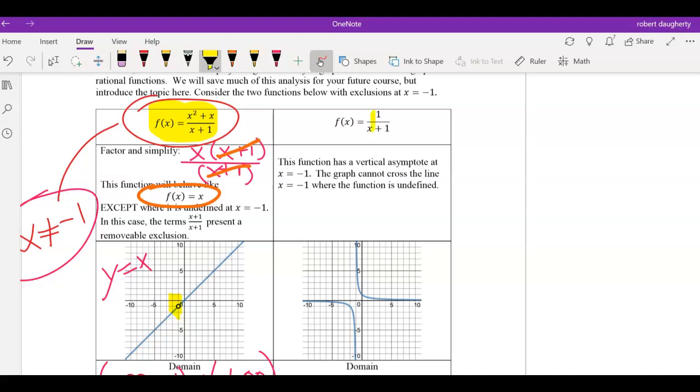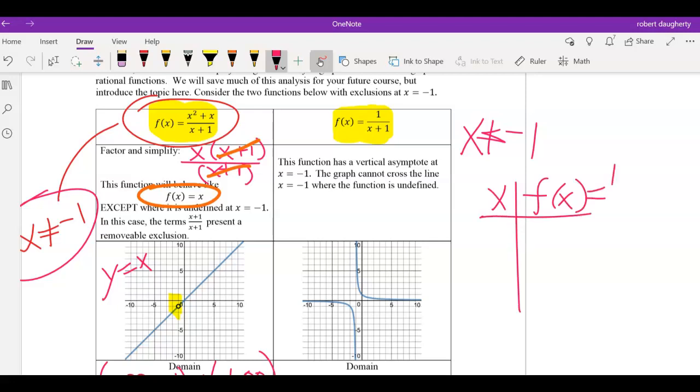Now let's go look at the next one. So if I take this one, same scenario here. I know that x cannot be negative 1. So this has an exclusion at negative 1. But the graph of this guy is sort of different. So if you look at this one, I'm graphing 1 over x plus 1.